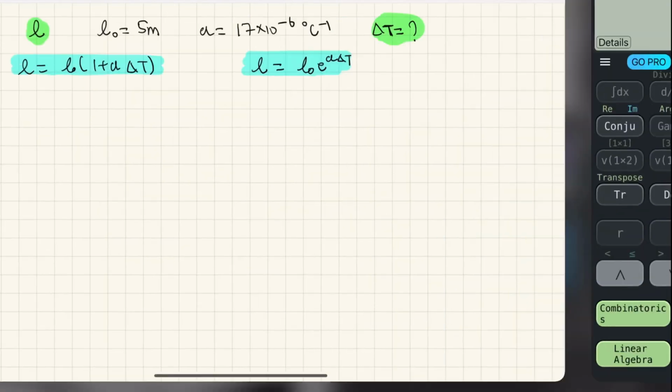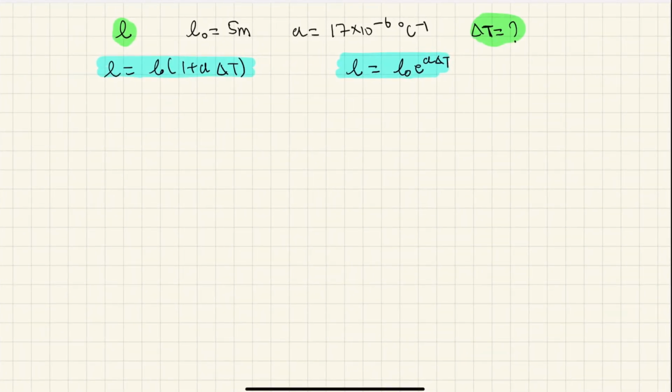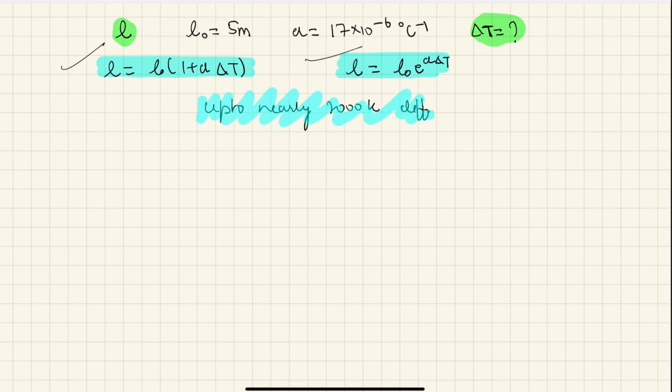So both of these are correct up to nearly 2000 Kelvin difference, right? So now you might ask, how is that even possible? Because the answer from this function should be very much less than this function.